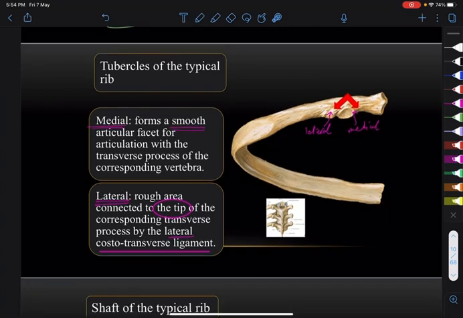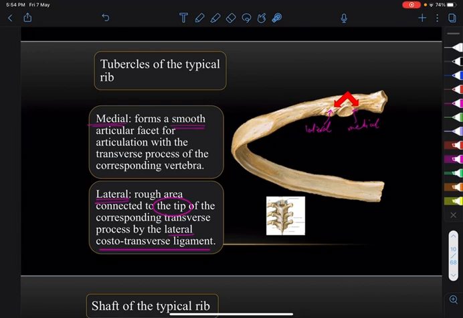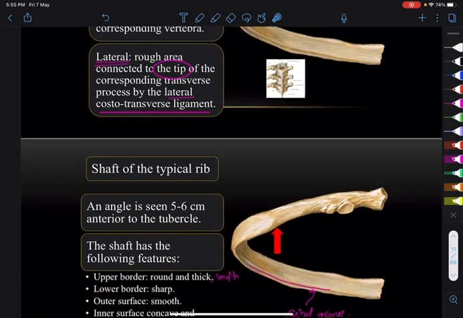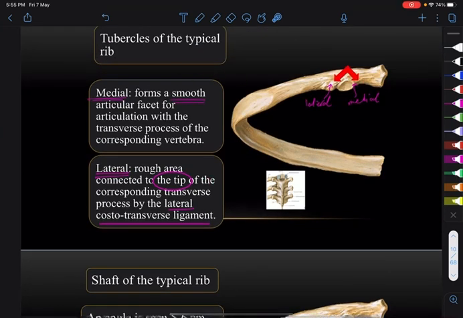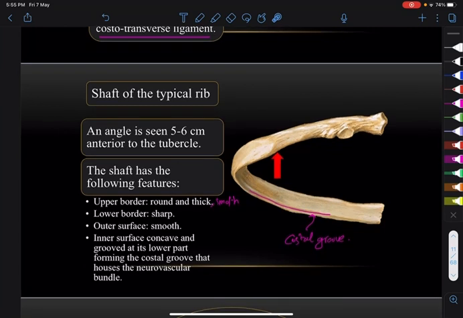Lateral tubercle is a rough area connected to the tip of the corresponding transverse process by the lateral costal transverse ligament. So it is a ligament that maintains the attachment between the lateral tubercle and the transverse process of the thoracic vertebra. Okay. Of course you did not understand this well; I will come back to it later in a way that you understand better.